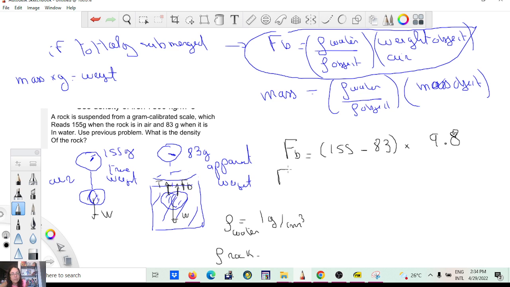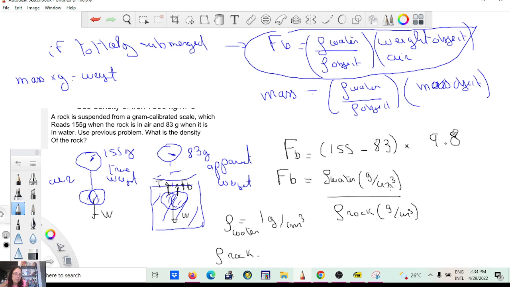So the buoyant force, we know it's going to be rho of the water. That's going to be in gram per cubic centimeter divided by rho of the rock, and I did all the demonstration before. That's also in gram per cubic centimeter.